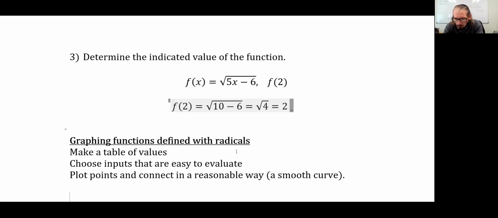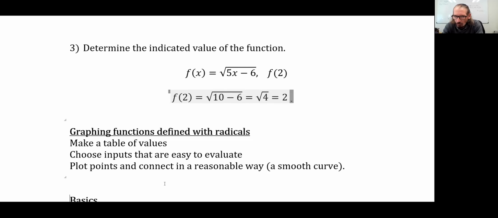And then plot the points. And usually somewhere between 4 and 7 points is going to give you a good idea about how things should connect. It's going to turn out that we'll have a smooth curve. And I'll talk to you about showing arrows as well.